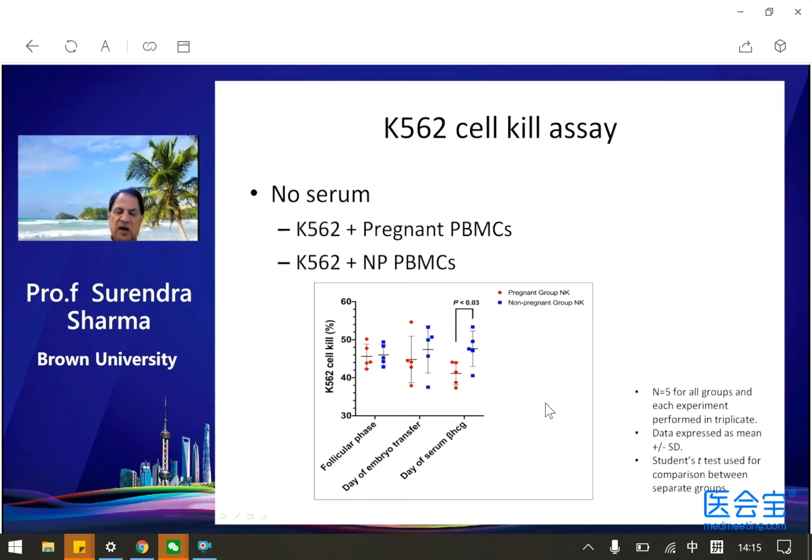These PBMCs were collected at the follicular phase, or day of embryo transfer, or day of serum beta HCG detection, and you can see in pregnant women at the time of beta HCG detection, the NK cell cytotoxicity is much less than NK cells from non-pregnant women. So these are peripheral blood NK cells compared to women who failed to get pregnant.